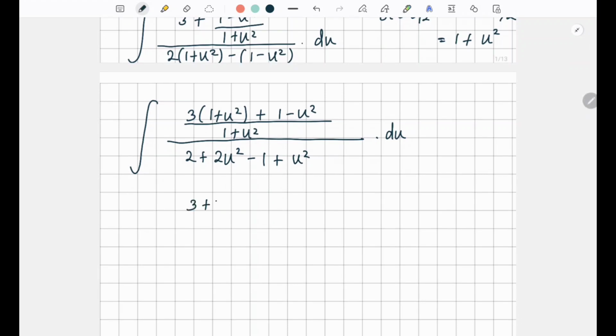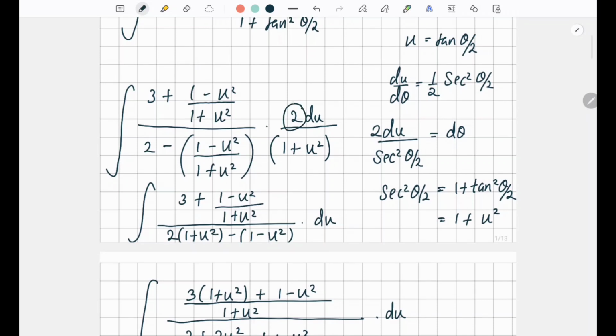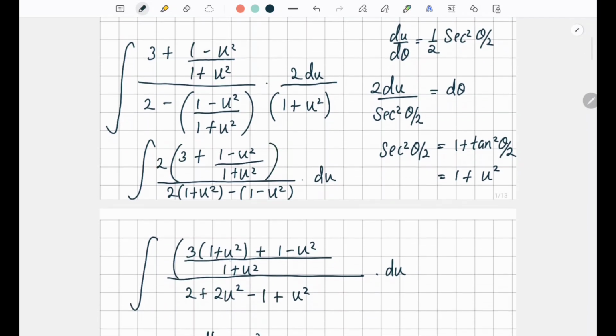So we have 3 plus 3u squared plus 1 minus u squared. So that's going to be 4 plus 2u squared, right? Oh, and there's one more thing. I forgot to put this 2. So you'll have to multiply the numerator by 2.